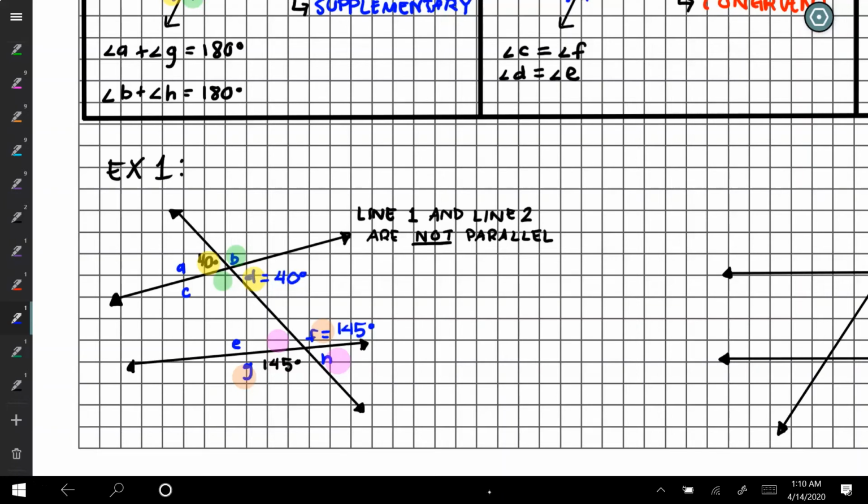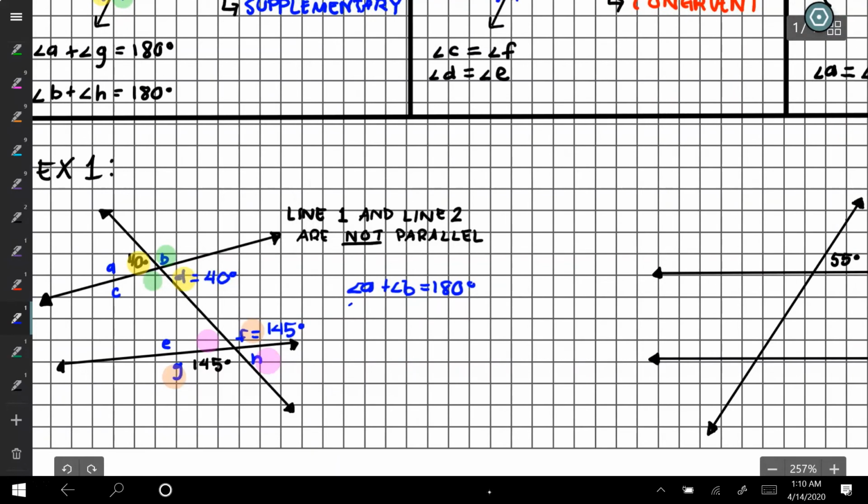Alright, so now we need to look for our linear pairs. So angle A and angle B are a linear pair, which means that they add up to 180 degrees. So angle A plus angle B equals 180. I know that angle A is 40 degrees, plus angle B is 180.